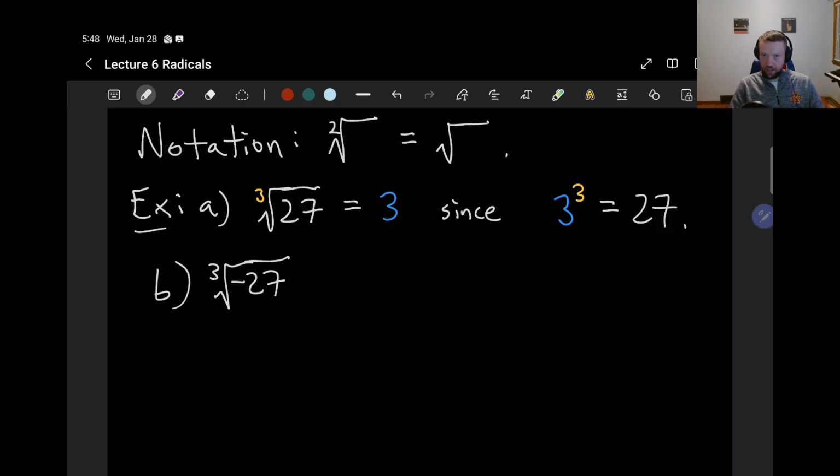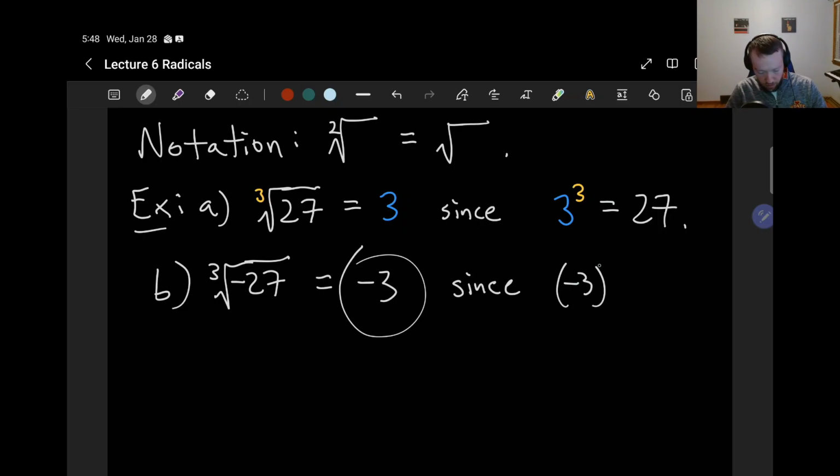But it turns out in this case, this is fine. So the answer is negative 3. And this is because if you cube a negative 3, you will find that this indeed gets you a negative 27.